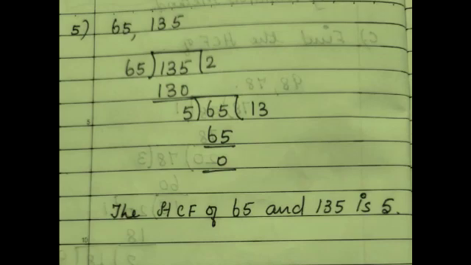So 5 goes 13 times in 65. 5 13s are 65. The remainder is 0. You will continue till you get 0. So the HCF of 65 and 135 is 5. The last divisor will be the HCF when you find the HCF by the long division method.